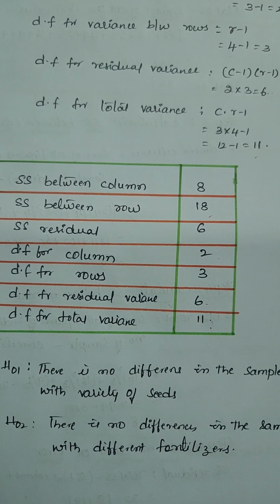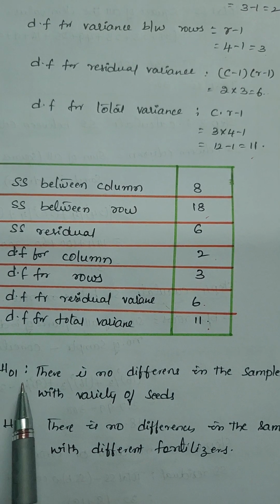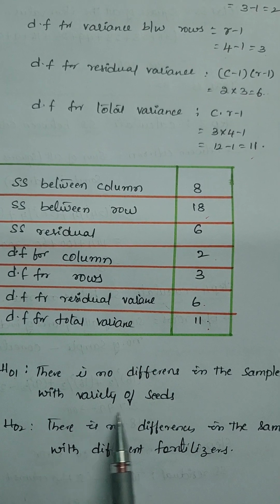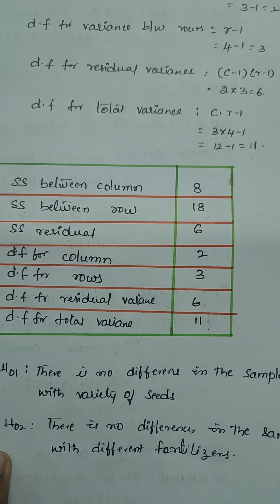Now we will set up the null hypotheses. There is no difference in the sample means with the variety of seeds, H01, and there is no difference in the sample means with different fertilizers, H02. These are the two hypotheses.